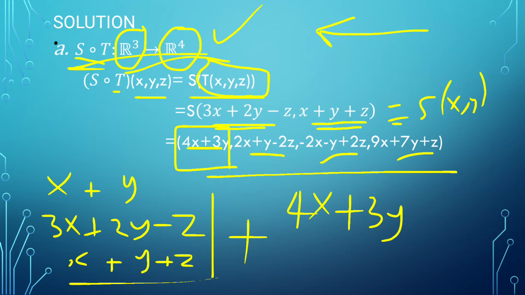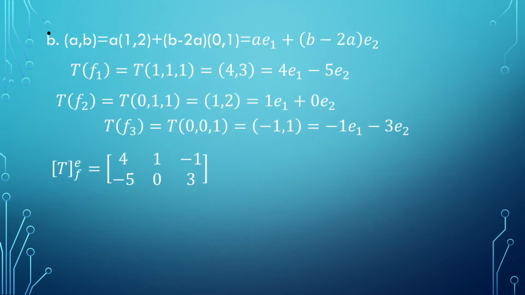Let's look at another example, another part. We are using the transformation of T from F basis to E basis. Now we are transforming from F to E basis.